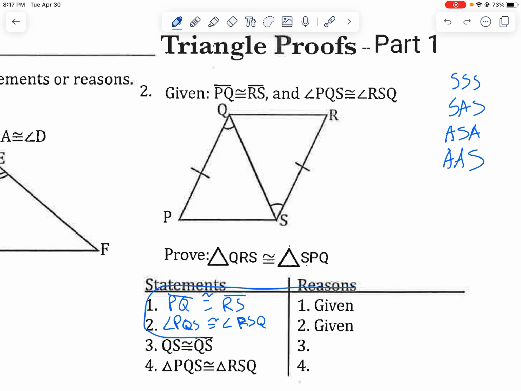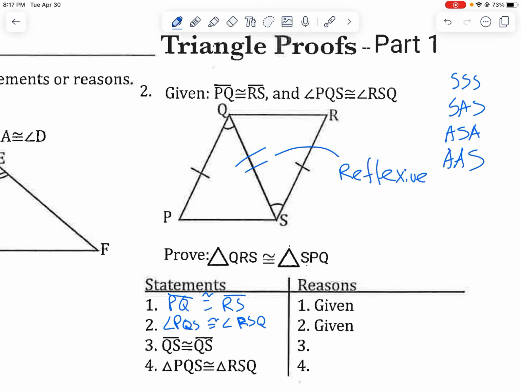We've shown we've got these 2 pairs of things congruent, these 2 angles and 2 sides. Well, there is also another congruence we can add on this picture, and this is guaranteed because this is a shared side, and the reason we can say that's congruent to itself is this thing called the reflexive property.